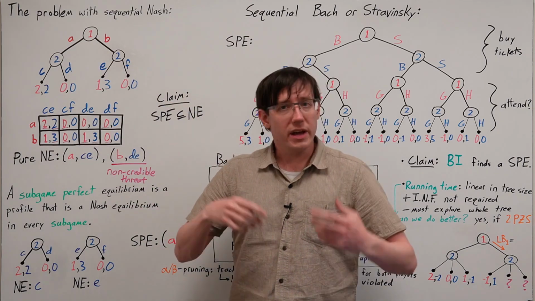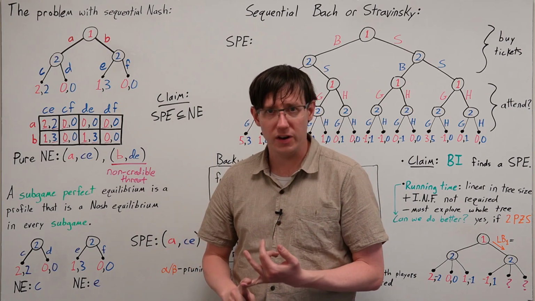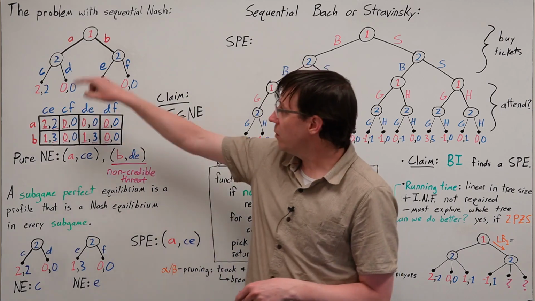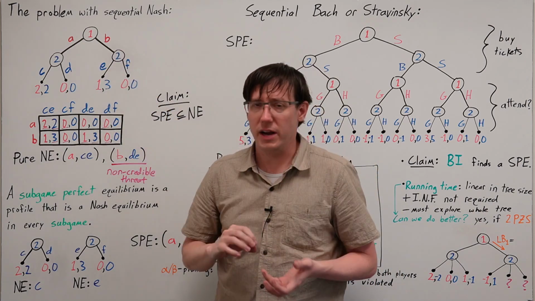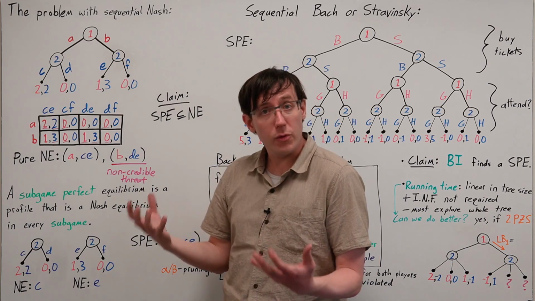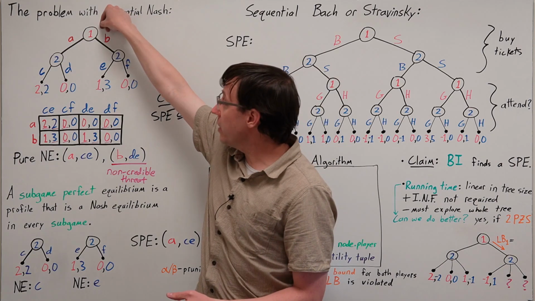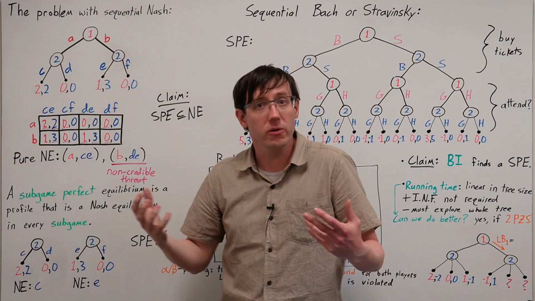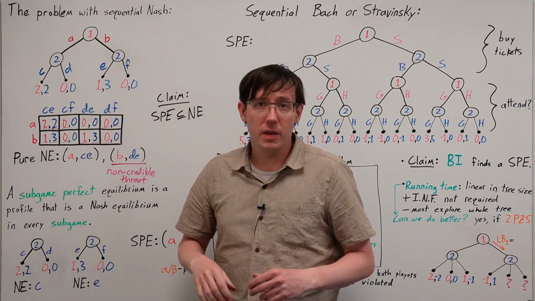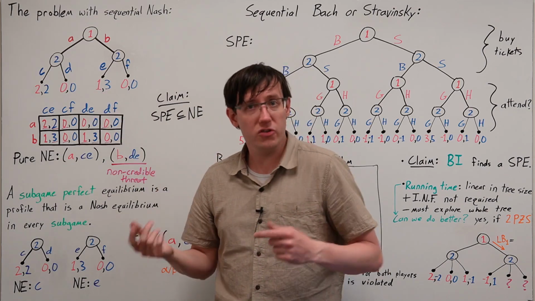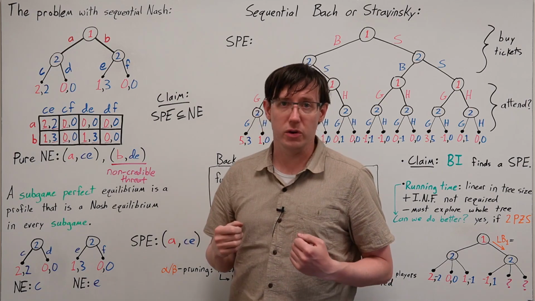And since we know that every extensive form game has to have some pure strategy Nash equilibrium, it must be the case that every subtree has a pure strategy Nash equilibrium. And if we put together the equilibria from those subtrees and then pick a best response at the parent node, we get an equilibrium of the larger game. And so every perfect information extensive form game must have at least one subgame perfect Nash equilibrium.